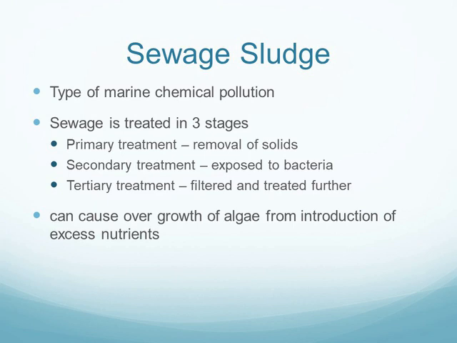And for on land, how sewage is treated is it's treated in 3 stages. The first is primary treatment, then you have secondary treatment, and then you have tertiary treatment. And depending on which one your local treatment plant does, will determine what level of nutrients is being introduced into the ocean.